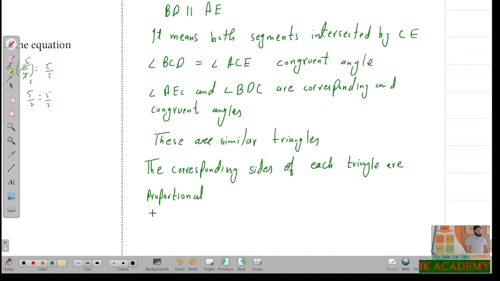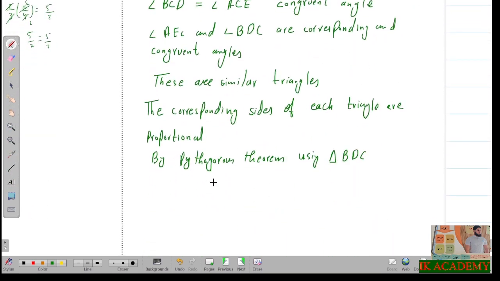By the Pythagoras theorem, using triangle BDC, CD square is equal to 8 square plus 6 square, which is equal to 64 plus 36, which is equal to 100.